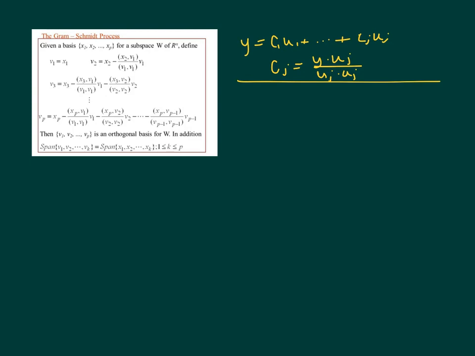Okay, so it looks a little complicated. Basically, if you're finding an orthogonal basis, for your first vector you just pick one of your basis vectors and fix that to be the first vector in your orthogonal basis. And then the second one turns out to be you're basically building a projection off of the first one.